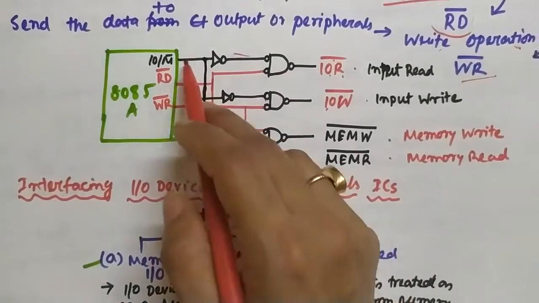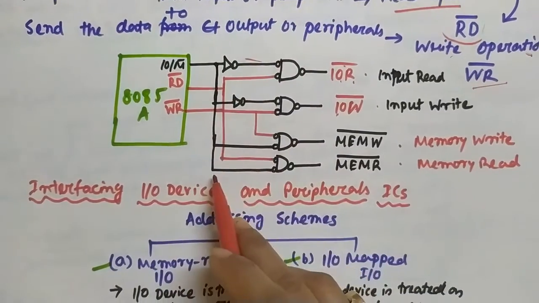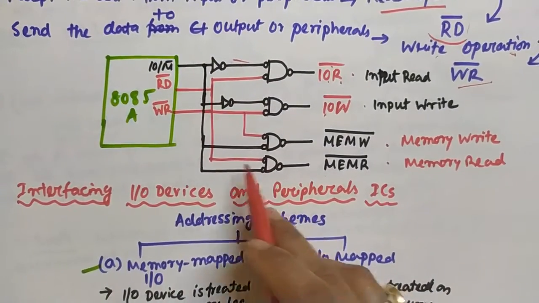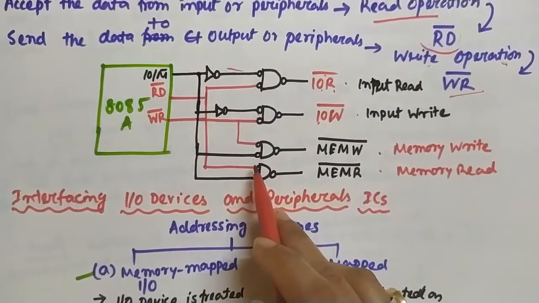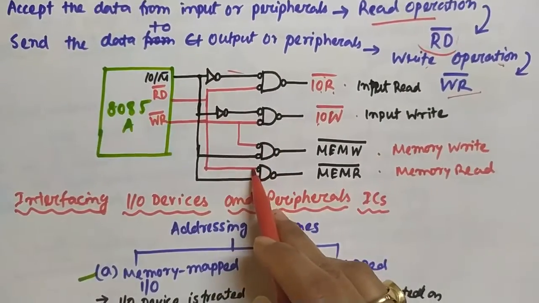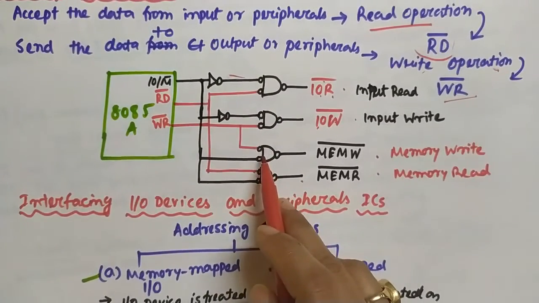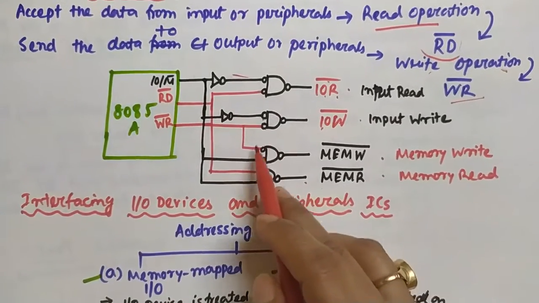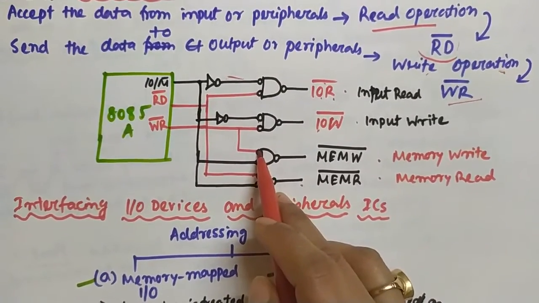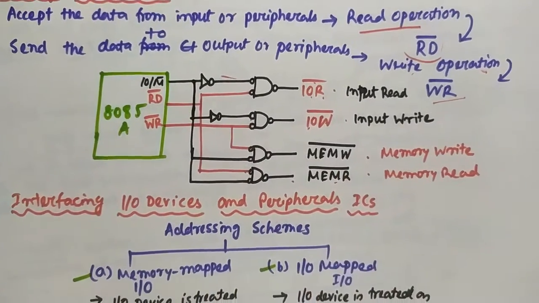Here, the memory signal is directly applied to the NAND gate, and this is ANDed with the write bar signal, and this is ANDed with the read bar signal, and that generates the memory write and memory read signals.